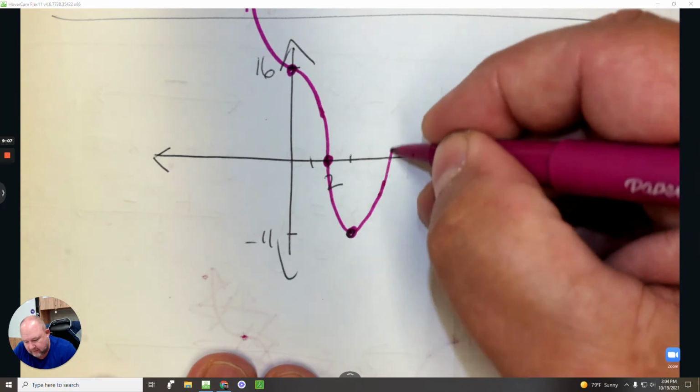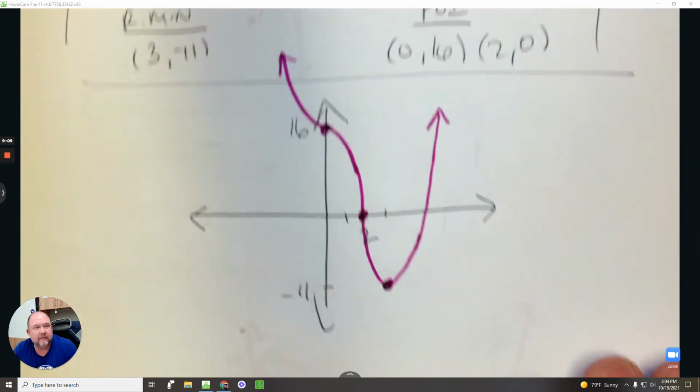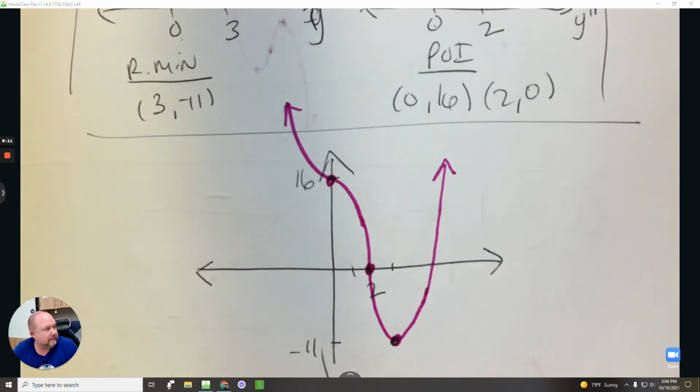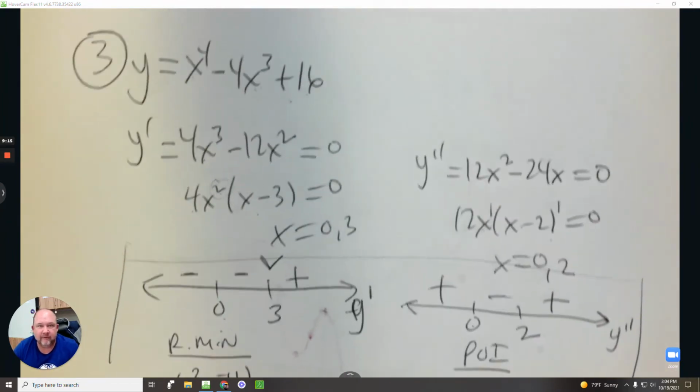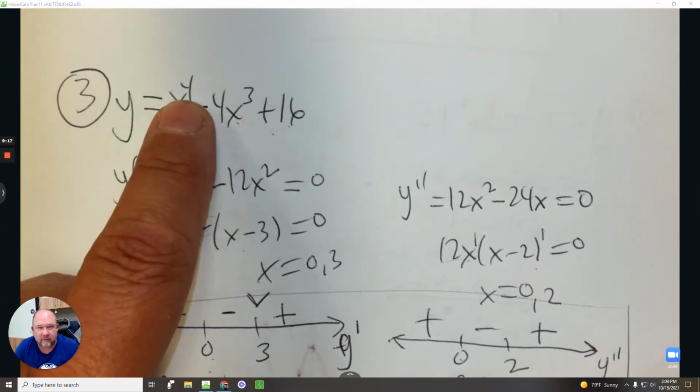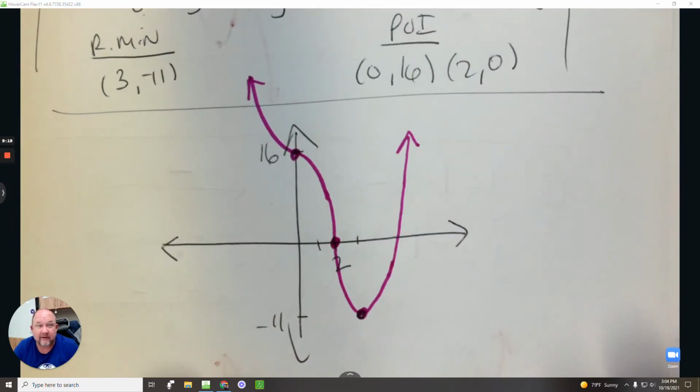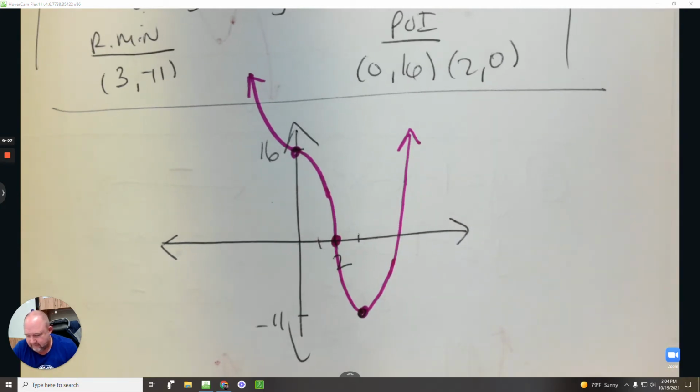In the end behavior, both ends go up. So there's the graph. The power term is x to the 4th, so both ends go up. So understanding end behavior, turning points, points of inflection, concavity, increasing, decreasing, putting it all together.